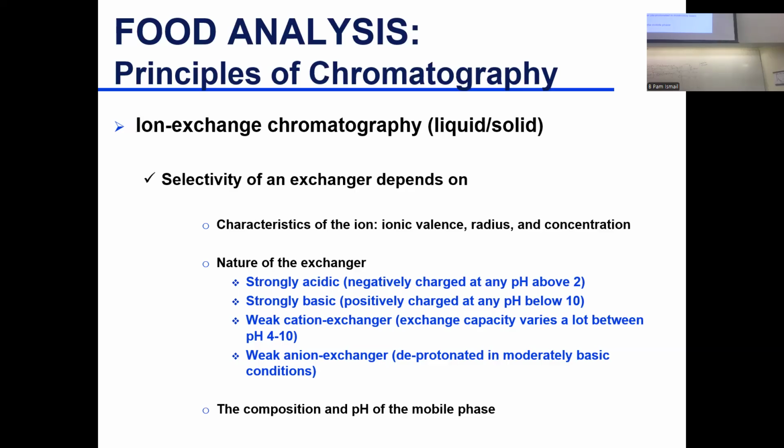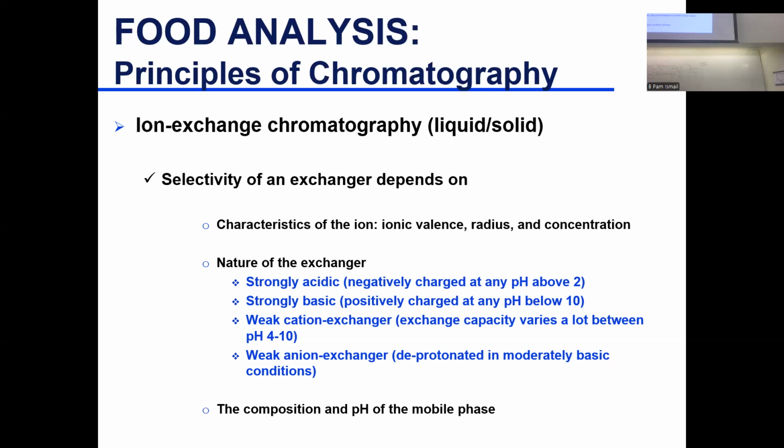What will happen? If I decrease the pH, my weak acid will start getting protonated because now I'm adding more protons to my buffer, so there are no more interactions because then they lose the negative charge. That means I add more protons to my mobile phase, the protons will displace these molecules.